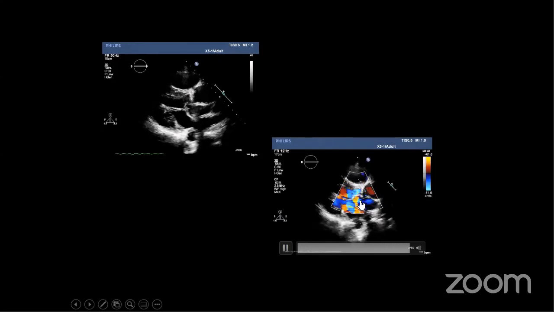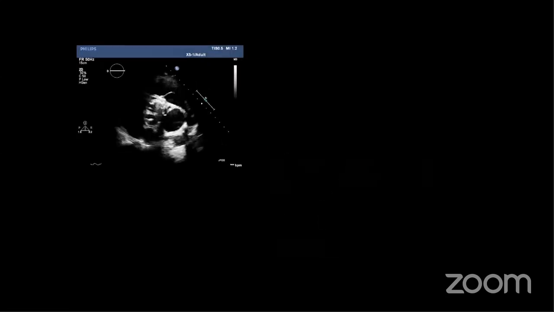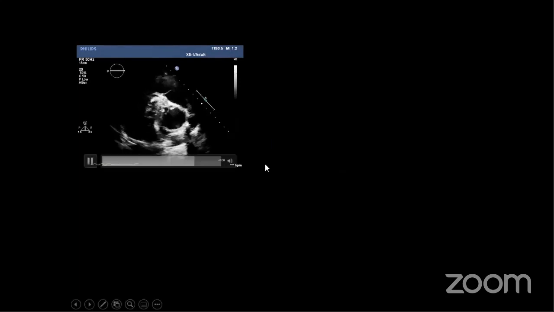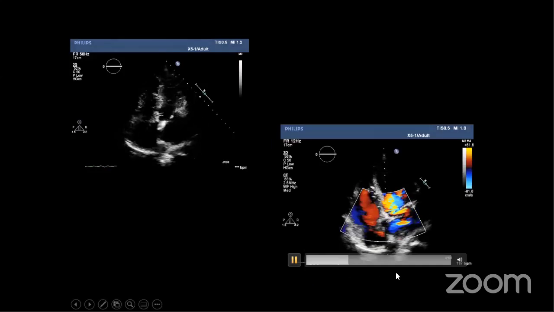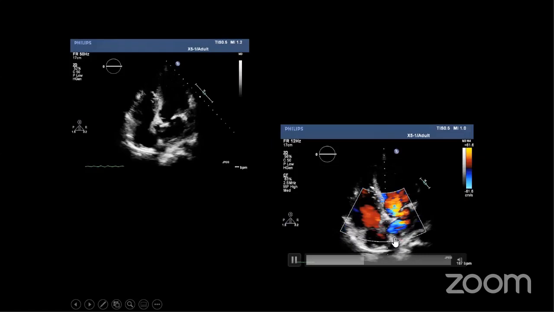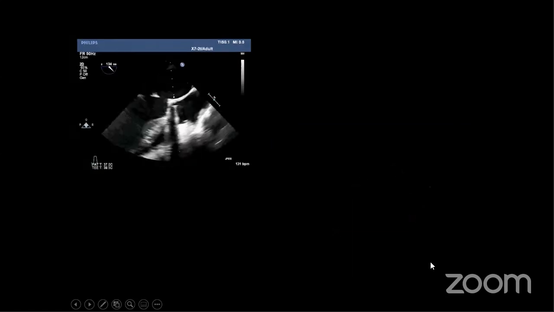This is the transesophageal. This is the mitral, this is the aortic process, and this is the cavity compressing both the aorta proper and the left atrium.